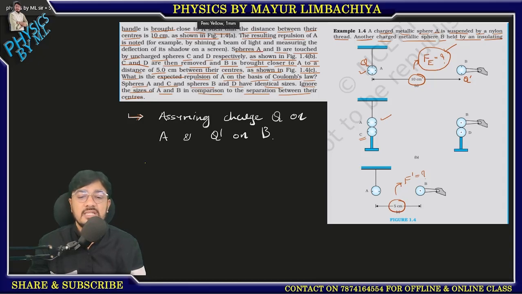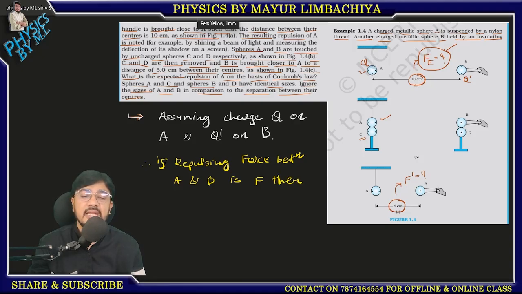So dear students, then I can write the repulsive force between A and B as F. Let me take it as F. Then F is equal to k q q dash divided by r square.